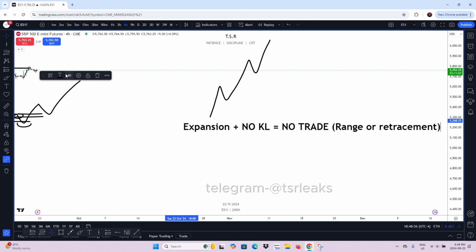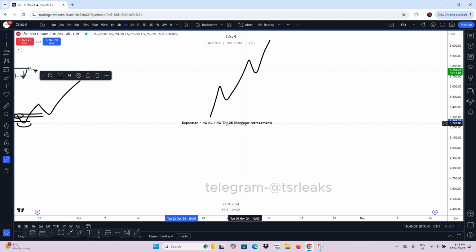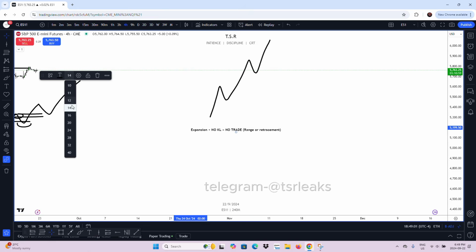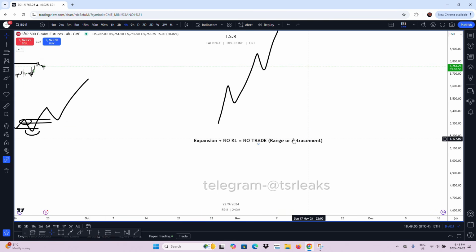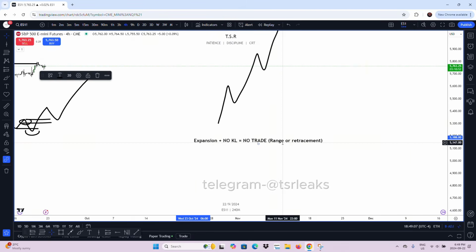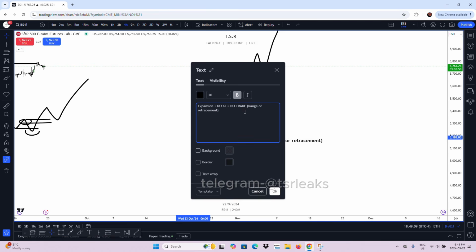Let's make this smaller. 14. Actually, 20. We have a range or retracement, and like I said, you should only be focusing on trading an expansion or reversal. Now, what happens if we have the expansion plus a key level?